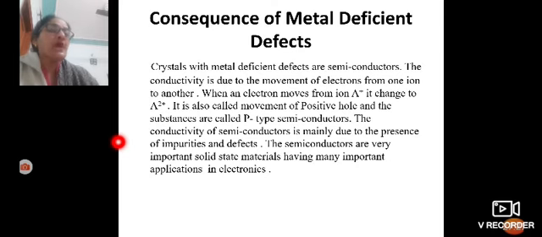It is also called movement of positive hole and the substances are called p-type semiconductors. The conductivity of semiconductors is mainly due to the presence of impurities and defects. The semiconductors are very important solid state materials having many important applications in electronics.